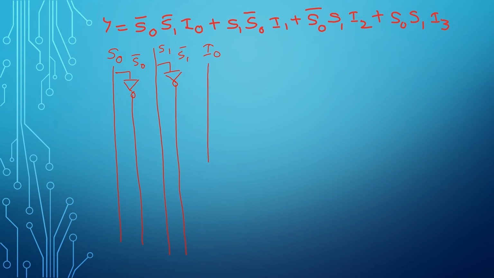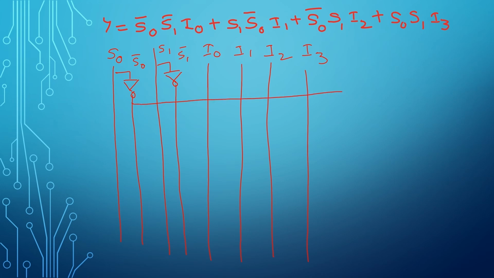And what are the inputs? I0, I1, I2 and I3. What is the first min term? S0 bar, S1 bar and I0 are connected to one AND gate.